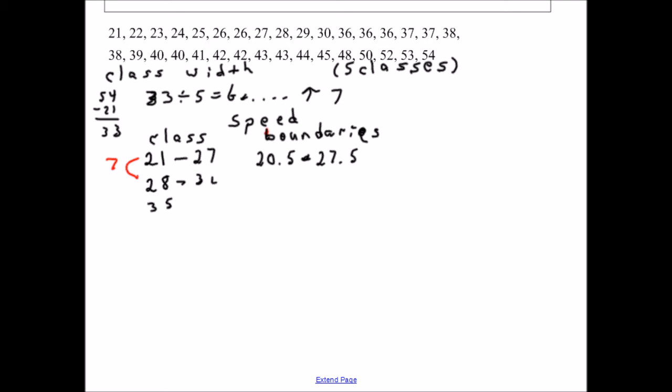This one ends with a 34. This one then is a 42. That means that ended with a 41. This one would be 49. This would end with the 48. This one then ends with the 55. Okay, not 56. 56 would be the beginning of a sixth class. So you've got to make sure that this last value is the correct one.